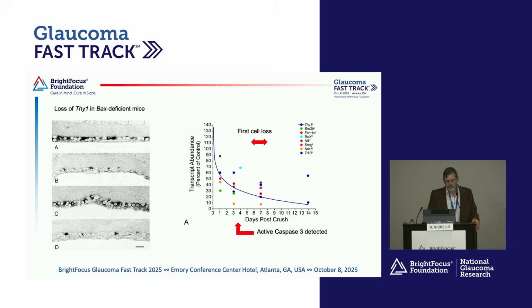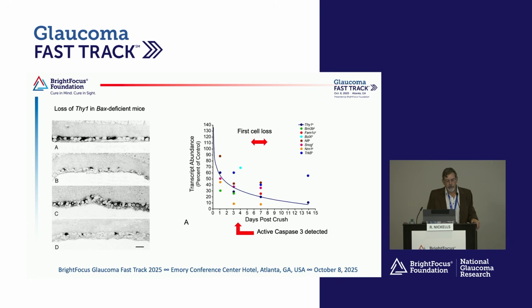So these two panels on the diagram here show the contralateral retina of a Bax knockout mouse. And this is important because Bax knockout mice never lose a ganglion cell. You can crush the optic nerve and go almost 2 years out, and they still have the same complement of cells in their ganglion cell layer.